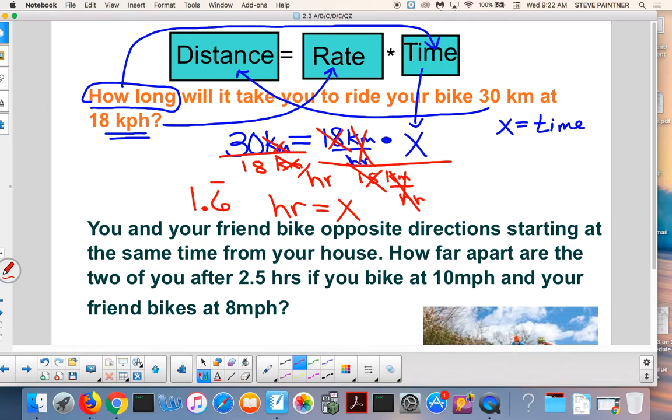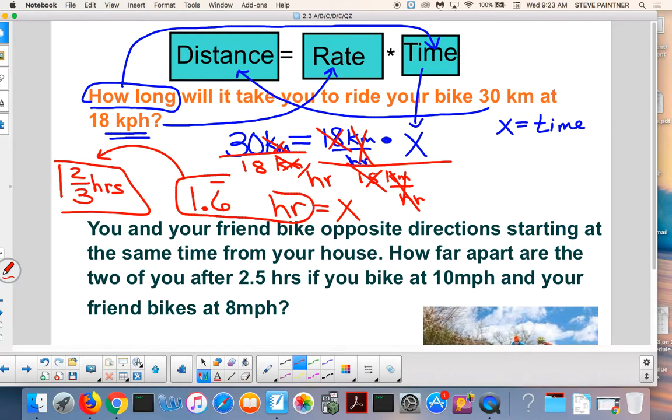You could have said it as a mixed number: 1 hour and 2/3, right? Hours. 1 2/3 is the same as this. Did I hear you say 40 minutes?